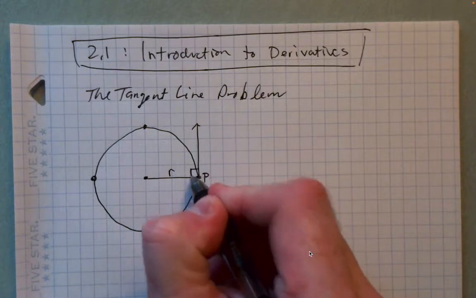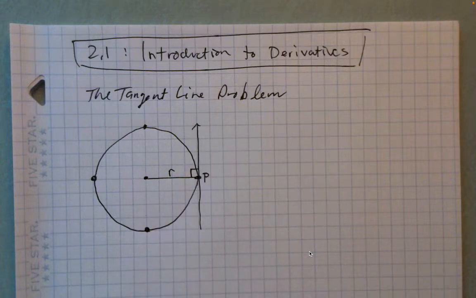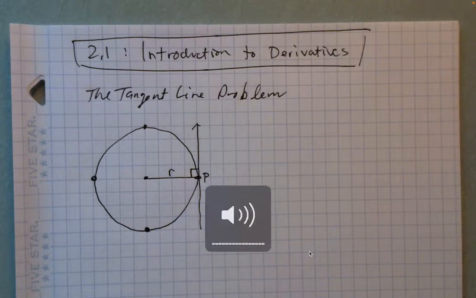So basically, you've got a right angle with the radius of the circle and this line. And so that's the idea. That's the natural starting point for the idea of the tangent line.